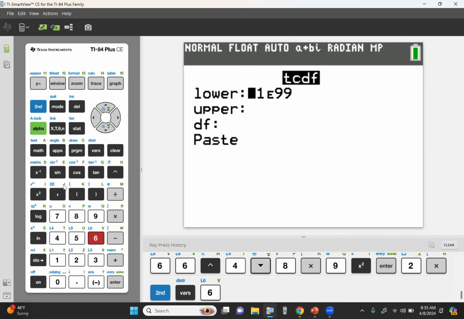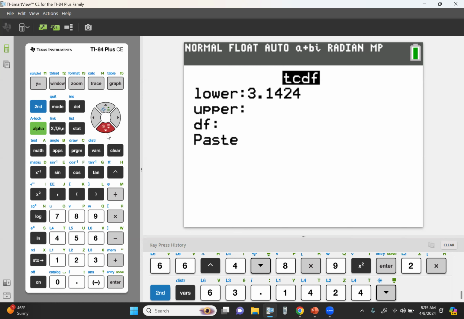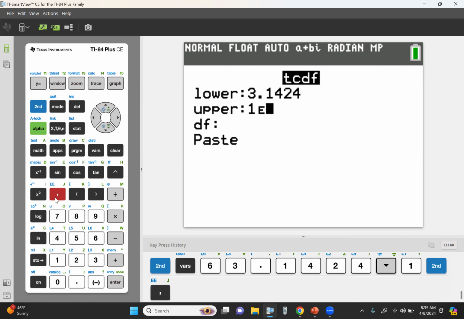The lower limit was, what was that t-score? 3.1424. The upper limit is going to be infinity, 1 second, comma, to get the scientific notation, 99.